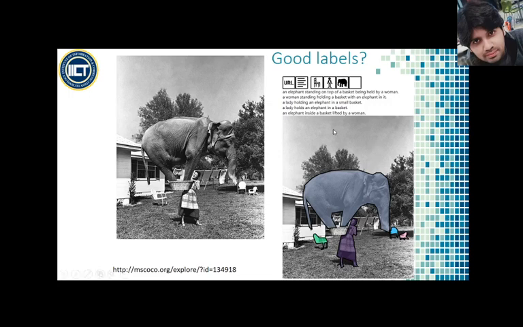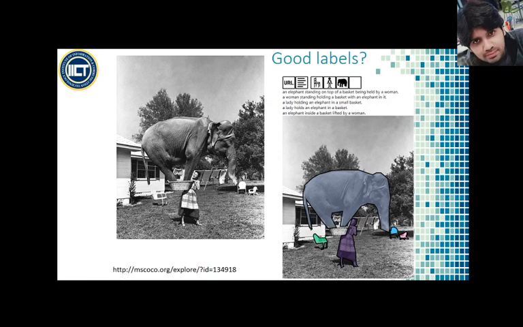All of these can be labels for this diagram. Even at a granular level, we have recognized an elephant, a human, and chairs. These labels are generated based on this image. But how good are these labels?